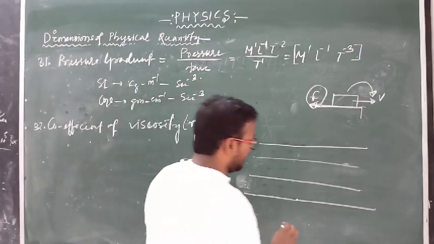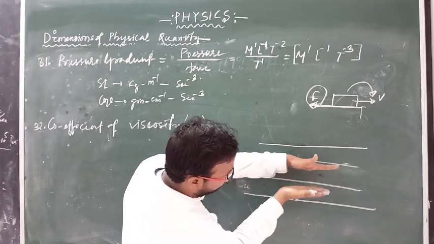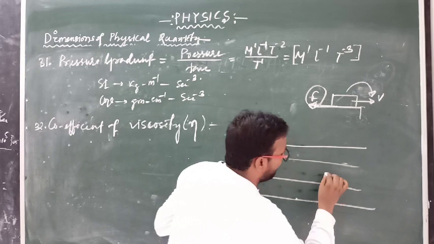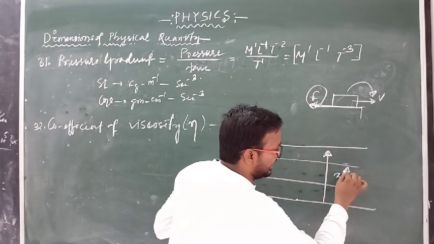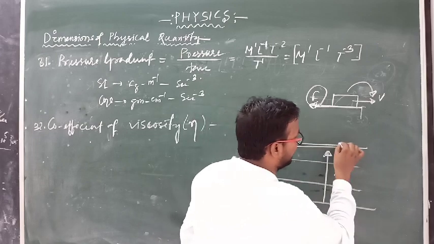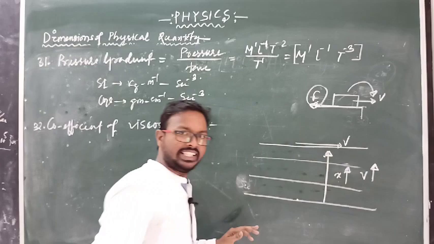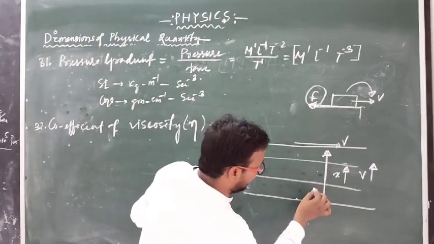There are different layers and friction occurs between different layers. While x increases, the velocity of the liquid layer also increases; as distance increases, velocity increases.